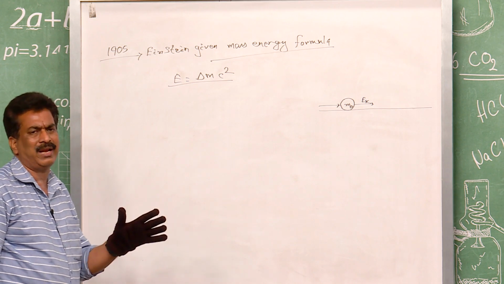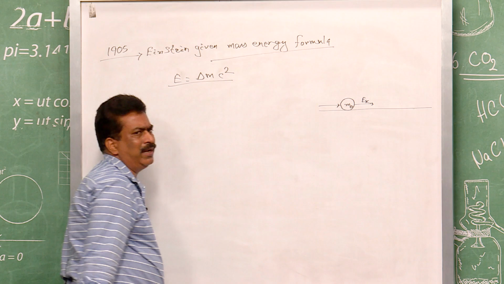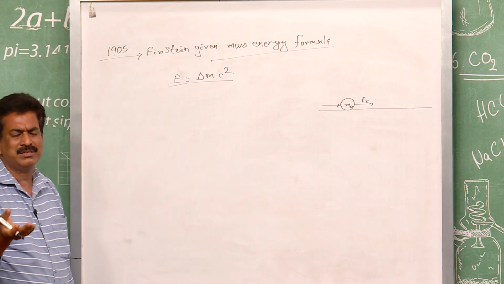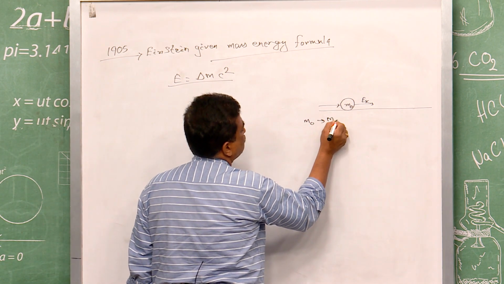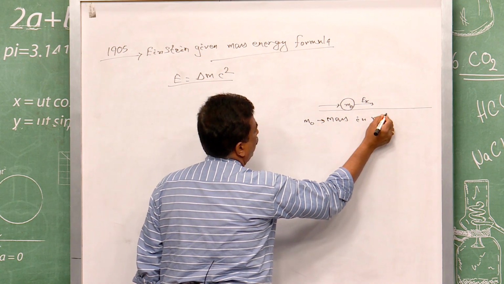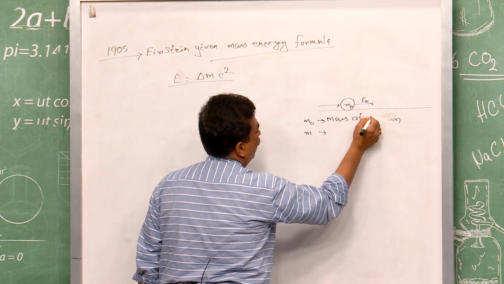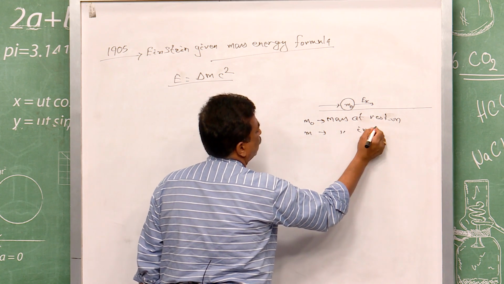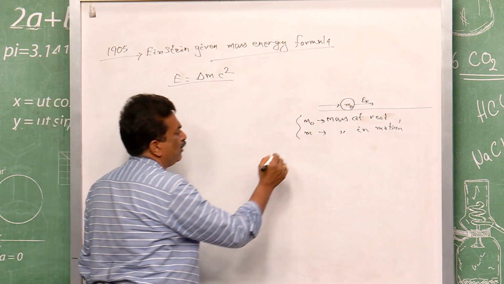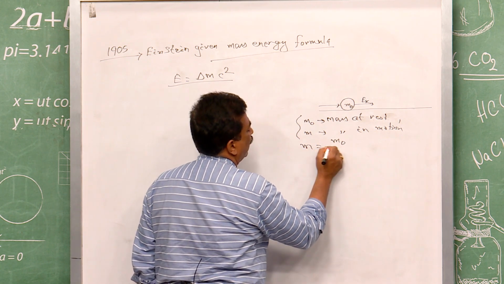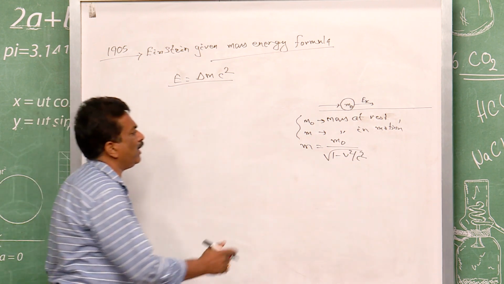Therefore we are neglecting it. So we have m0, the mass at rest, and m, the mass in motion, and these two masses are related, and you know very well that m is equals to m0 by root over of 1 minus v square by c square, which is derived from relativity.